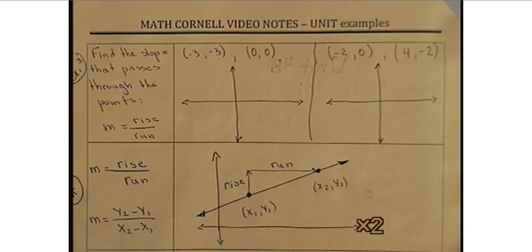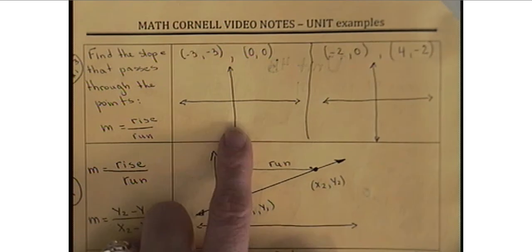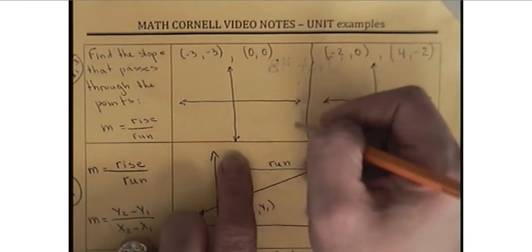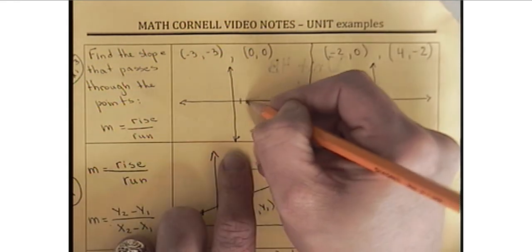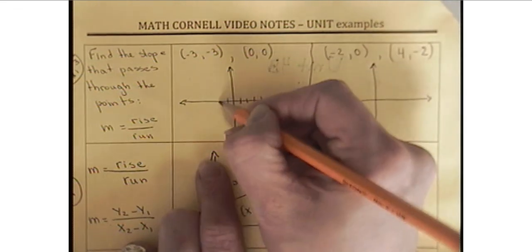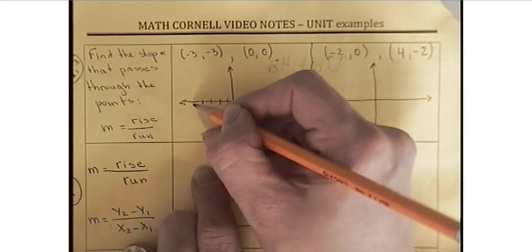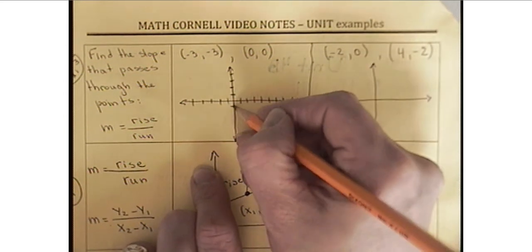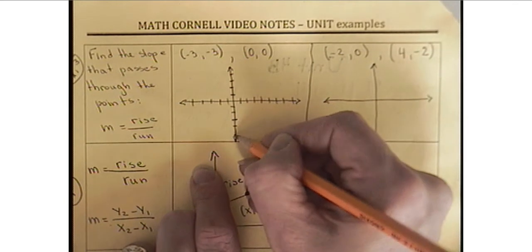And one way to do this is by having x and y coordinates and writing the scale of the coordinates. So for example, 1, 2, 3, 4, 5, 6, 7, 8, negative 1, negative 2, negative 3, negative 4, negative 5, 1, 2, 3, 4, and negative 1, negative 2, negative 3, negative 4, negative 5.